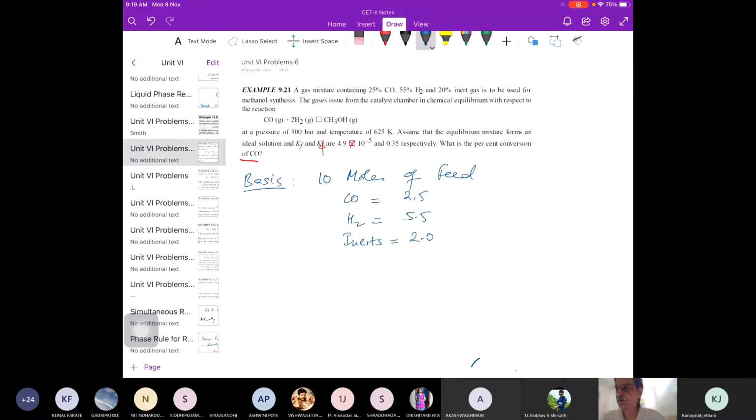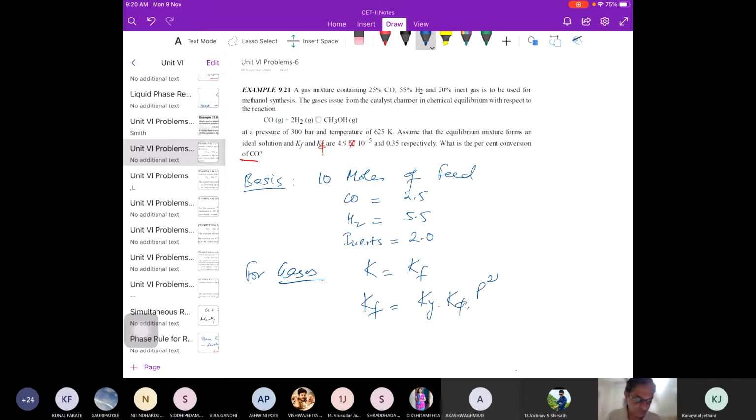Here K phi is given to us, right? And for gases, you can take K equal to Kf, because the value of Kf is given. The equation is K equals K phi into P raised to power of nu. K is given, that is Kf, K phi is given, so we can use this, and pressure is also given.